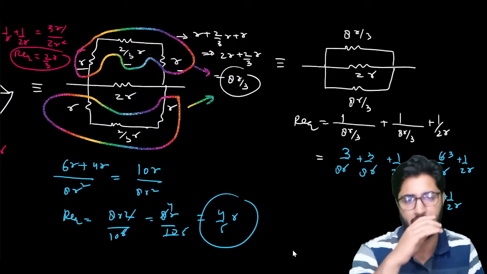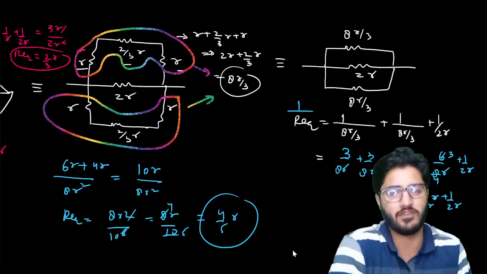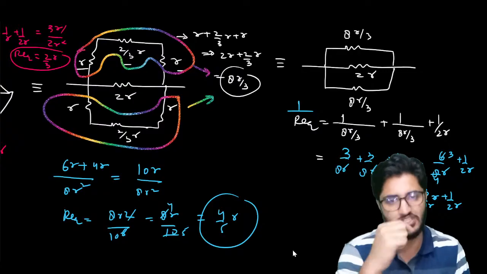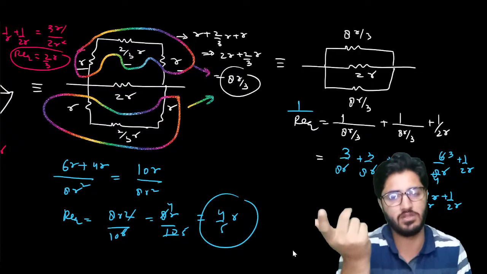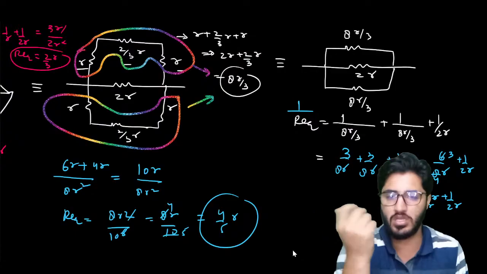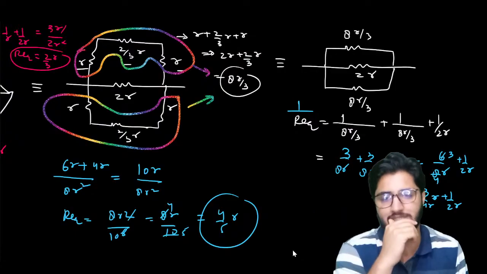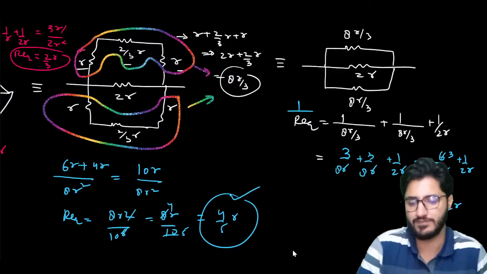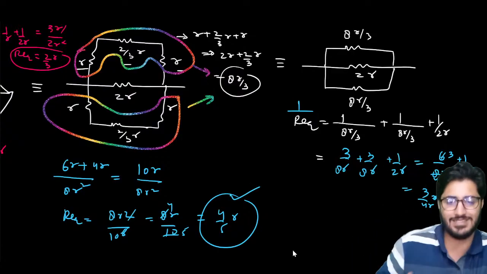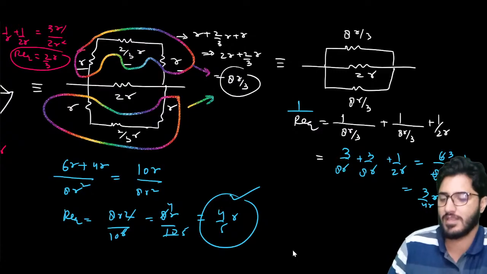No. Look, basically, it is 1 by R equivalent, no? So if we change it, R equivalent, it gets reciprocal. It is 4 by 5. Okay. Then R. No, this answer is correct. It is 4 by 5 R. My answer is correct, no? It is correct.